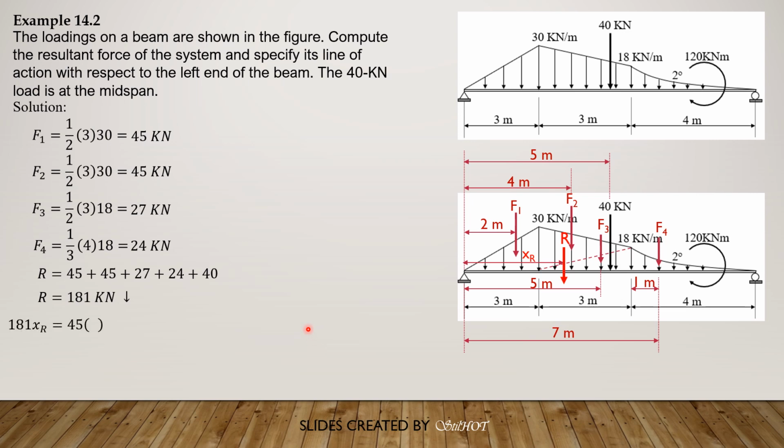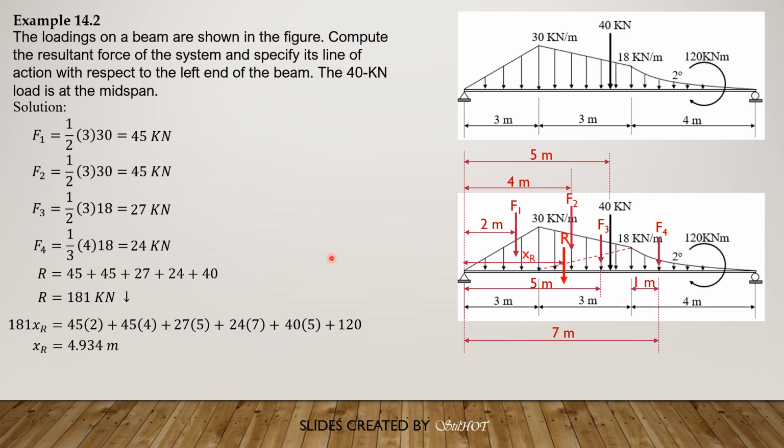So 181 times xr equals F1 45 times 2 plus F2 45 moment arm 4 plus F3 27 times 5 plus F4 24 times 7 plus 40 times 5, then plus this clockwise couple of 120 kilonewton meter.